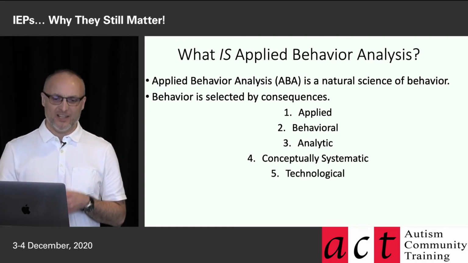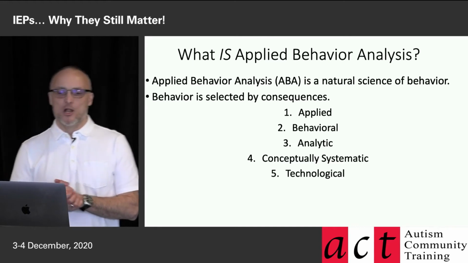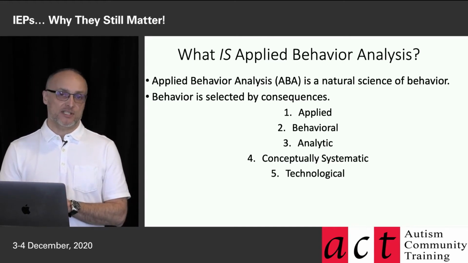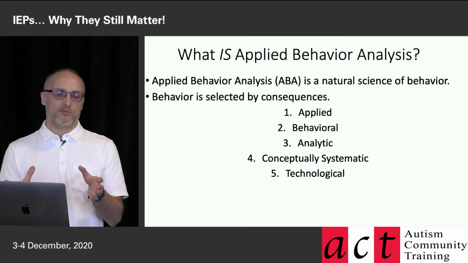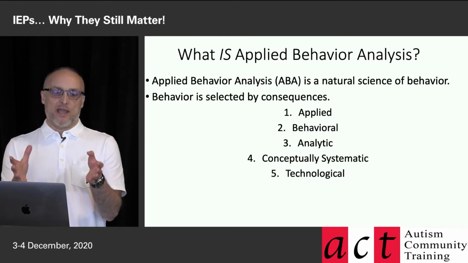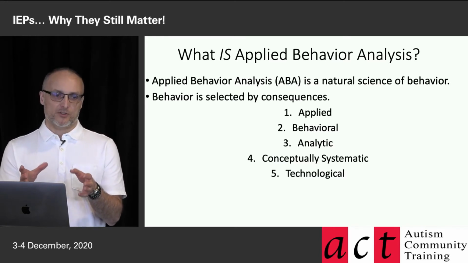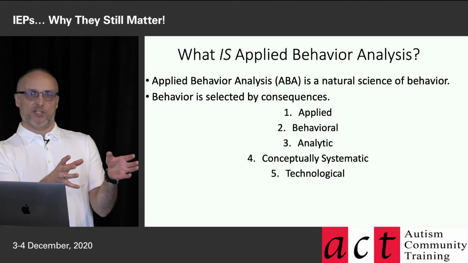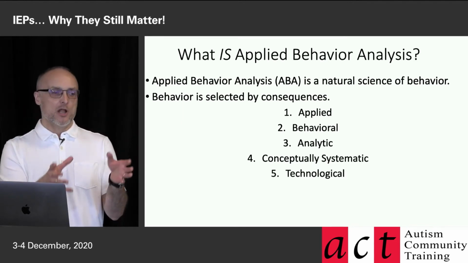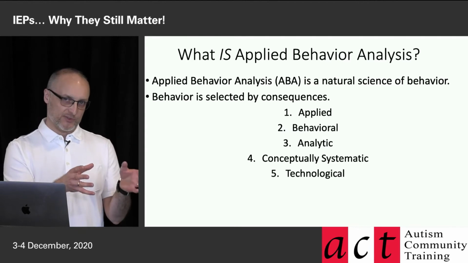Now the next two are my favorite. The science of behavior analysis, behavioral science if you prefer, is conceptually systematic and technological. And conceptually systematic means that you can explain most phenomena by applying basic principles, right? So if I see this going on, I can explain this particular behavior, whether it's a problem behavior, prosocial behavior, right? Lack of learning, by applying basic core principles.